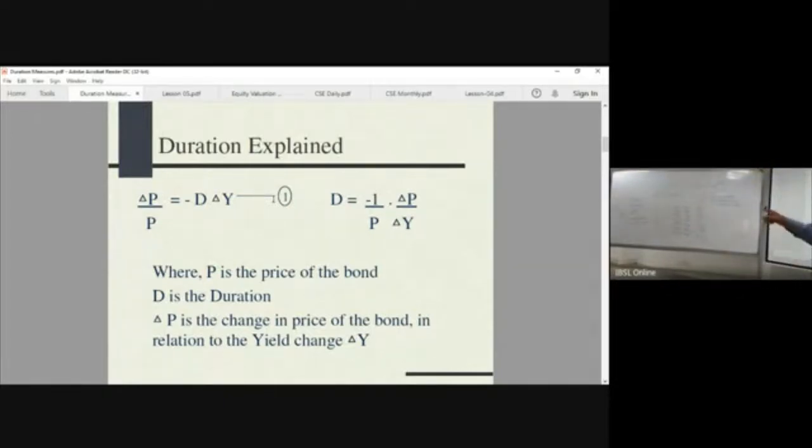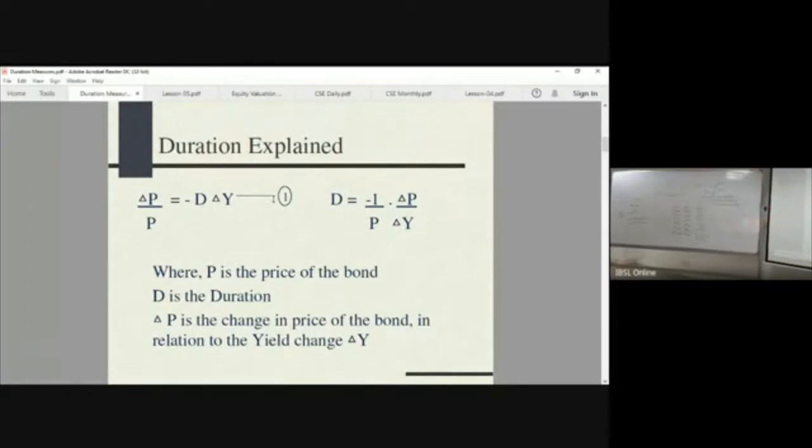Now it shows the price change for a particular change of yield, and we need to look at the duration measure and the change of interest rate and the price.